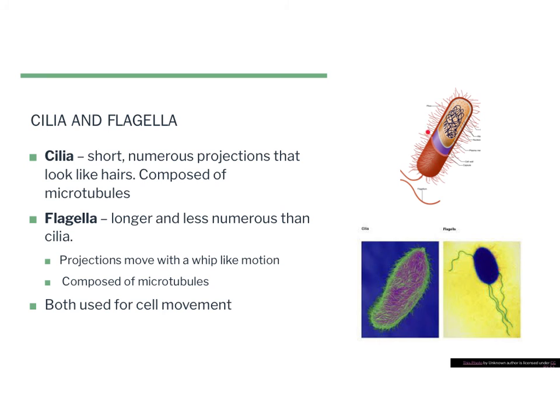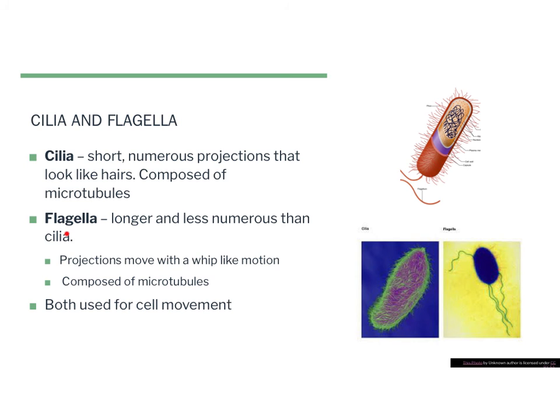So here are the cilia in my computer generated image. Here's the cilia from an electron microscope that have, of course, had color added. And you can think of the movement of cilia like rowing a boat. So think about how you would move oars if you're rowing a boat. They work in a similar way to help move the cell.